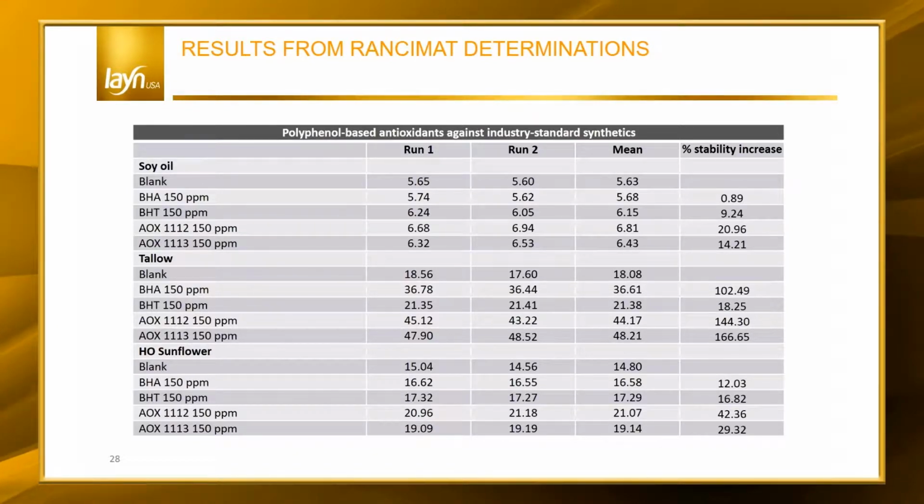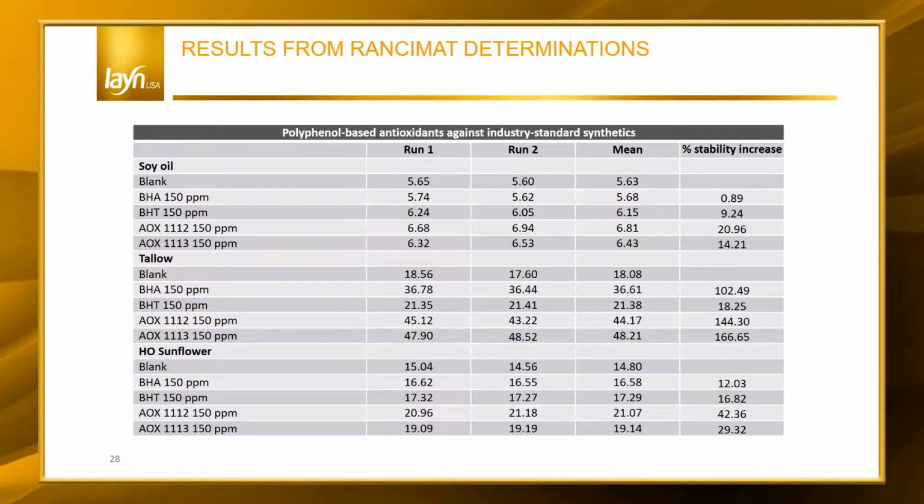If we have a look at the AOX formulations, we see that we go from 144% to 166% activity, and it is much higher than that of BHA or BHT. And it's also interesting to see that the most active product, formulation 1113, for instance, is not the most active product when the substrate is highly unsaturated, as in soy oil, in which the most active product was formulation 1112.